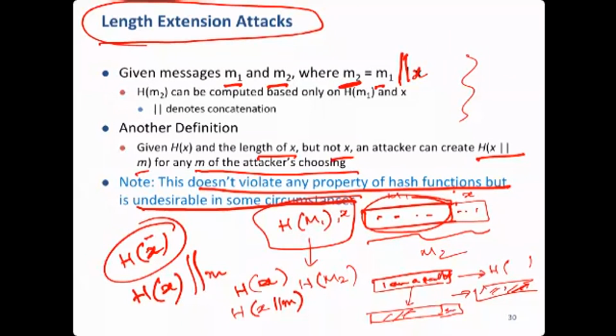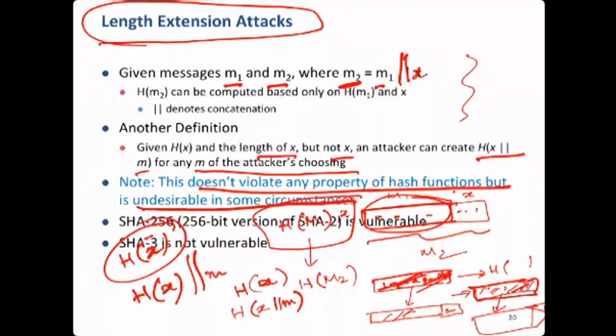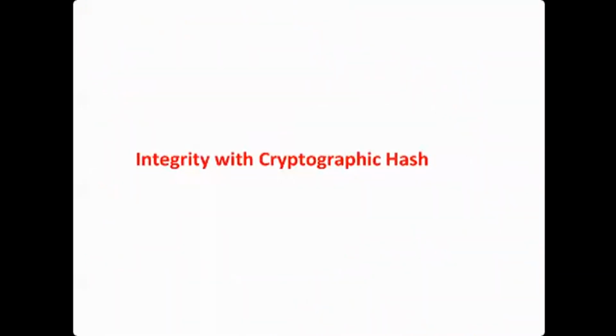Then from the output which we generated earlier, can we create the hash of this without knowing anything about it? So basically, given this, can we add a small string and then get the hash of that? So it may not be desirable in many cases.